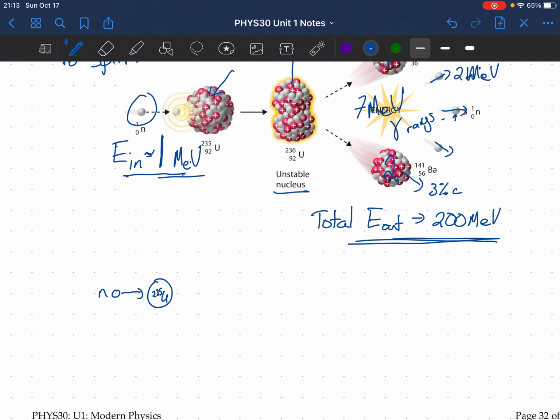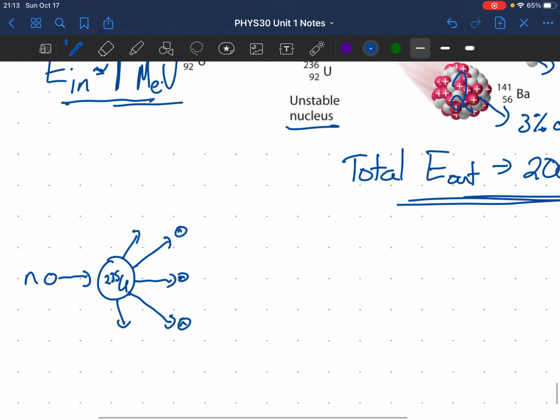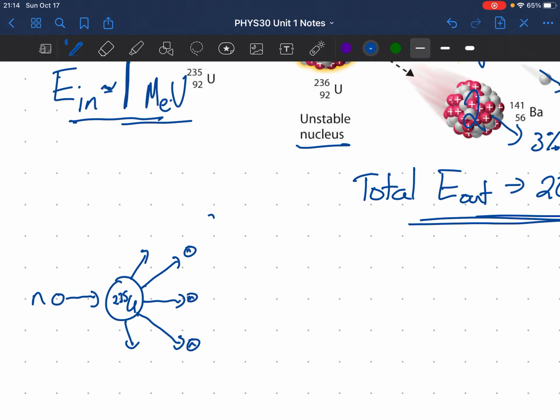And it hits a U-235. Then this fissions. We're not going to care about these fission particles. More importantly, this can make 1, 2, 3 more neutrons.